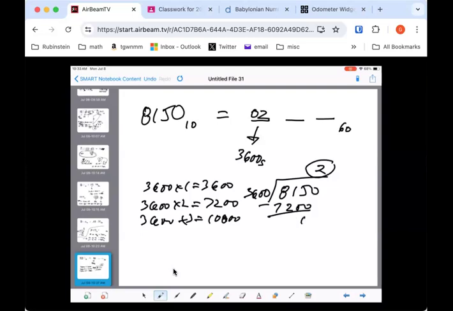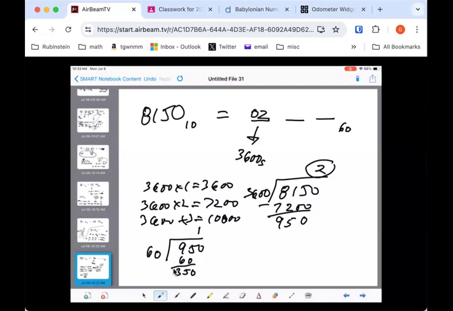Now you subtract, and we get 950, which is like the remainder. Now 950 is bigger than 60, so now I could take 950 and divide it by 60 and get 15.